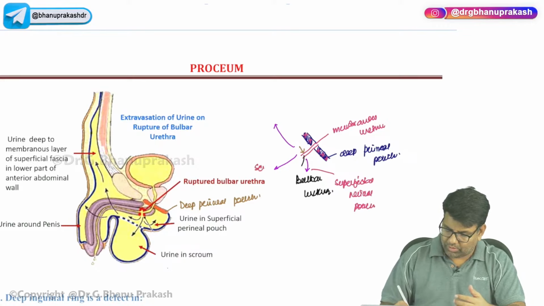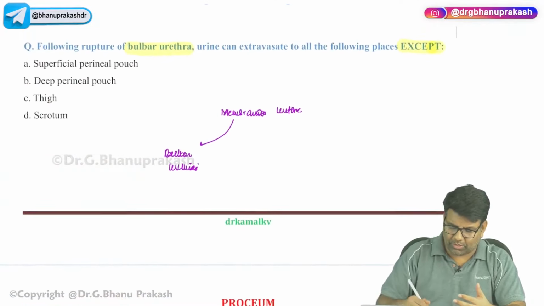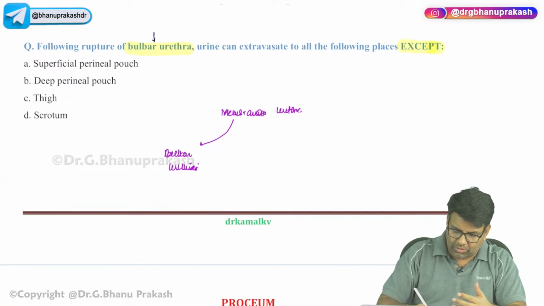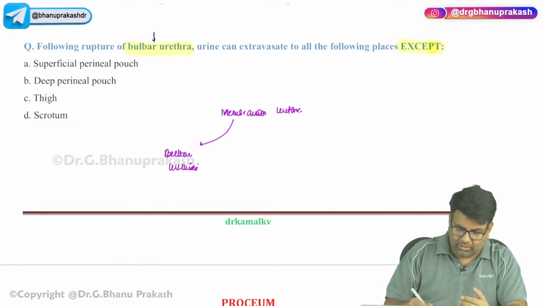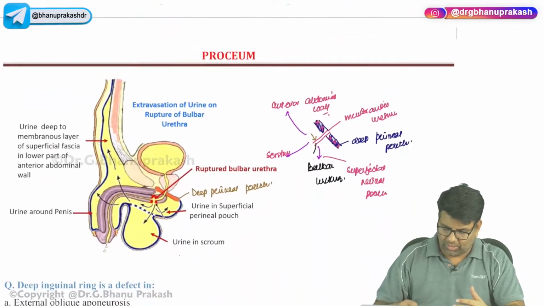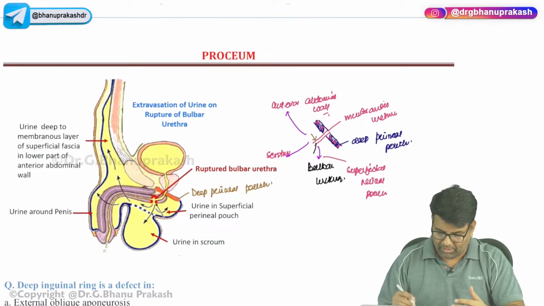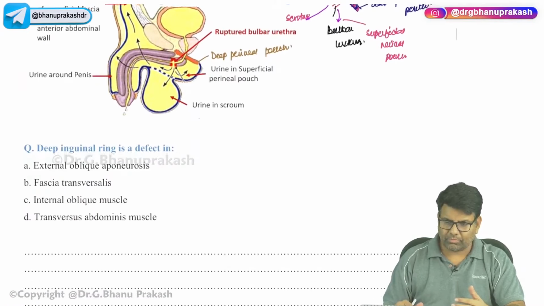It can go into the scrotum, or it can go into the anterior abdominal wall. So what you need to remember is that in cases of rupture of the bulbar urethra, there is no leakage or extravasation of urine in the deep perineal pouch. Please remember this. The urine can never go into the deep perineal pouch.